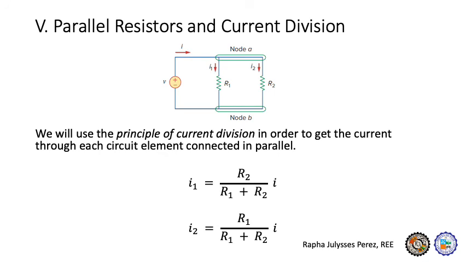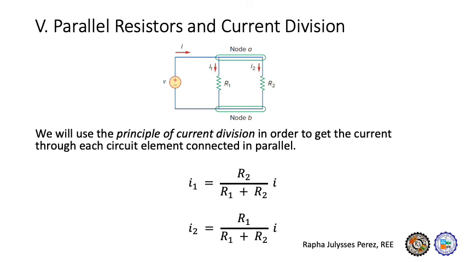In this formula, we can see that the current is divided per branch or per circuit element in this particular example.